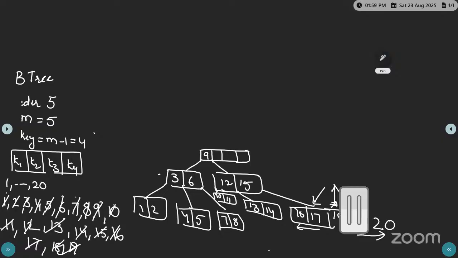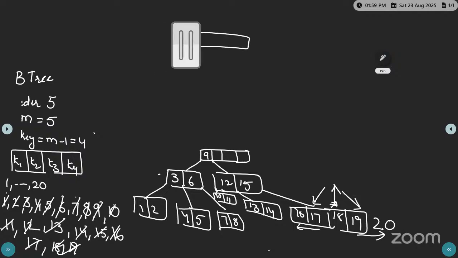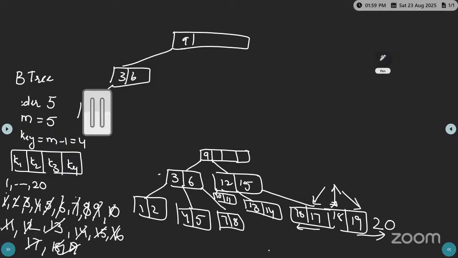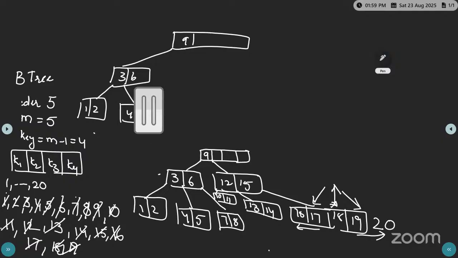And tell me, what is the root node? 9. And to the left of 9: 3, 6. Under 3, 6 there is 1, 2 and 3; 4, 5 and 6; 7, 8.